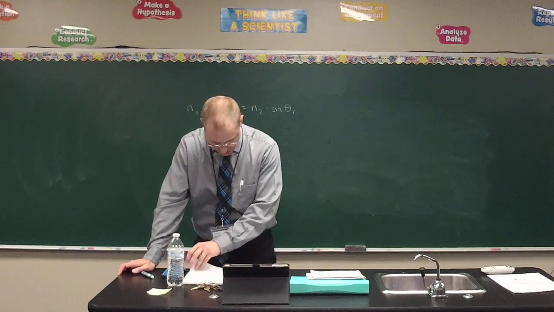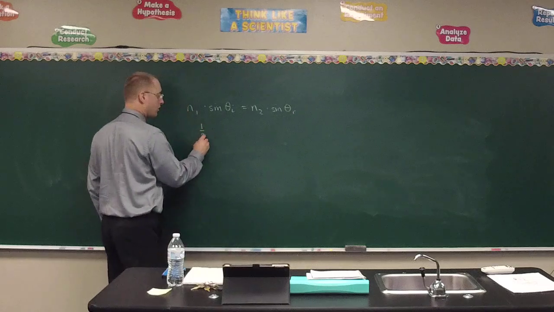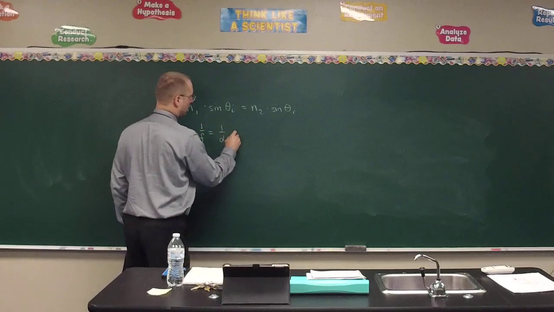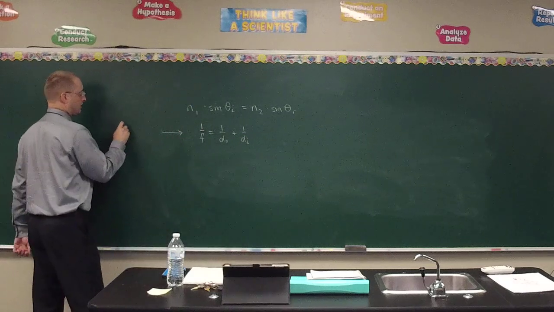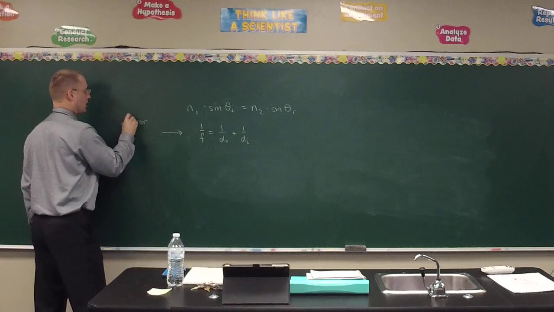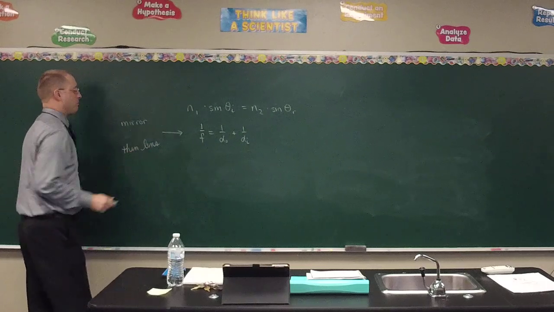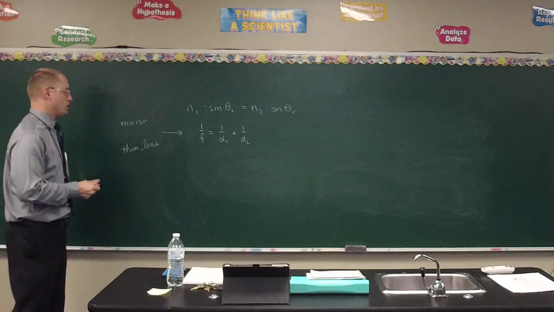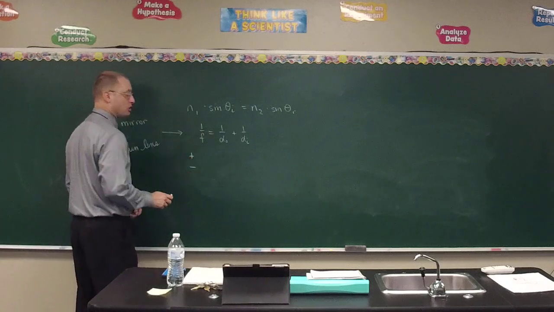You will not have the lens maker equation on here. Thin lens equation. And this is both mirrors and lenses. Both the mirror equation and the thin lens equation. Now, for the focal length, positive and negative mean two different things.